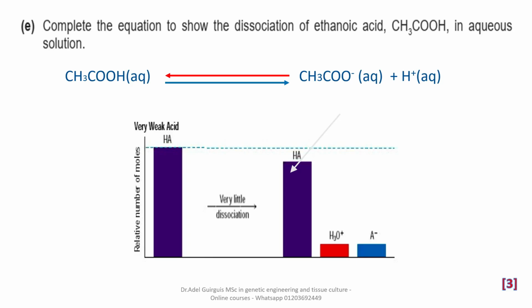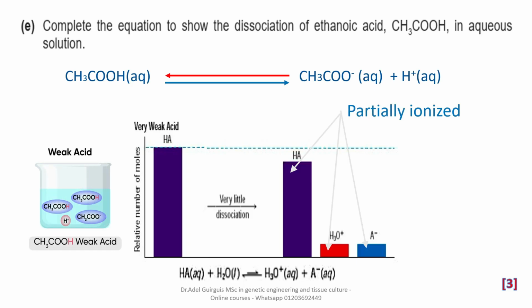So this is partially ionized. In a beaker containing ethanoic acid, we find most molecules as complete molecules without dissociation. Few molecules of ethanoic acid dissociate into protons and an anion.